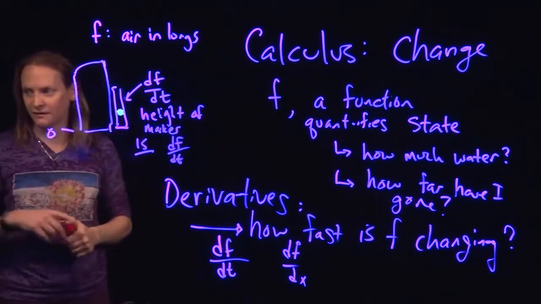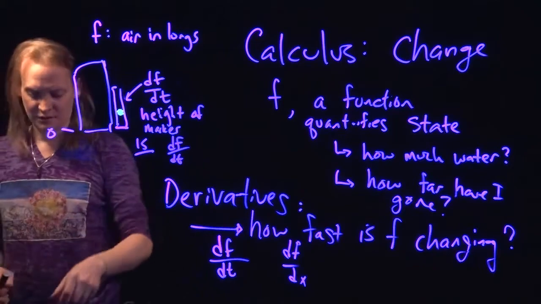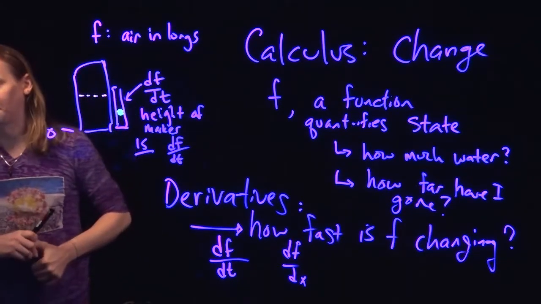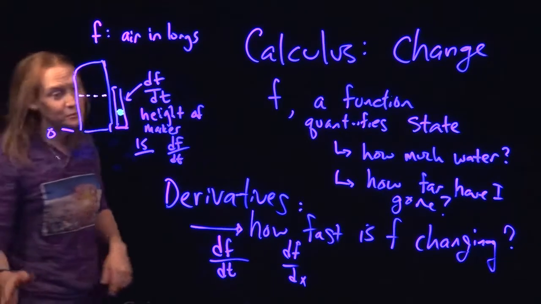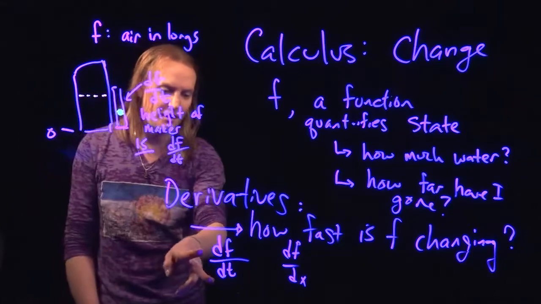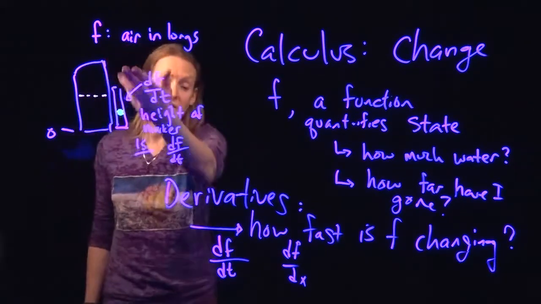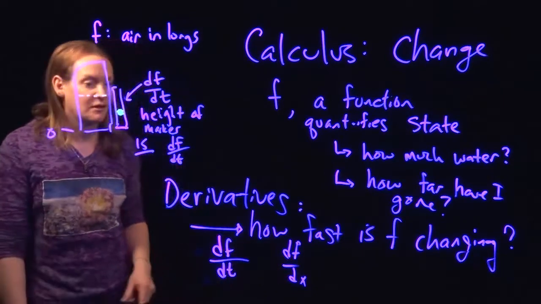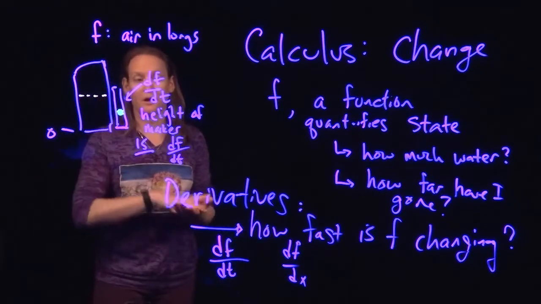The height of the marker is the derivative of the amount of air in my lungs given on the left-hand side. So as we move forward, we're going to want to explain why we use this ratio right here, and then, given an f, how do I compute df/dt, df/dx? And that's coming up. That's not for right now.